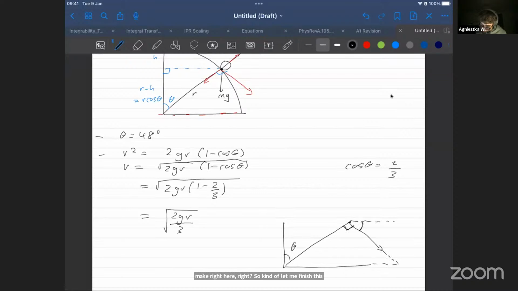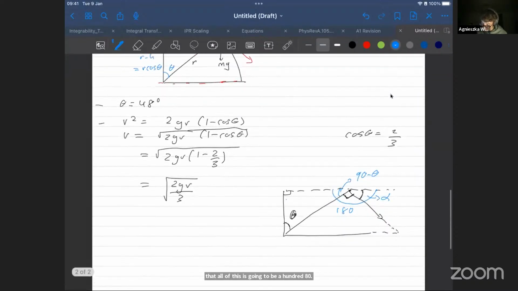If this is equal to theta, and this is equal to 90 degrees, because angles in a triangle add up to 180, this is going to be 90 minus theta. And because angles in a straight line add up to 180, if I call this alpha, I know that 90 minus theta plus 180 plus alpha is equal to 180.